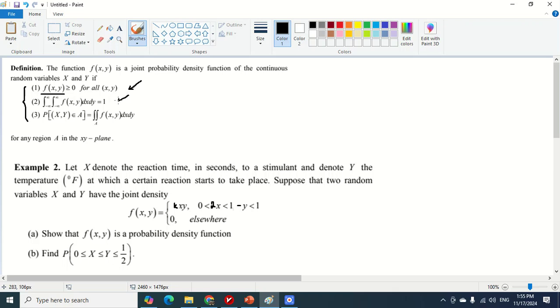The second one determines that the double integral of the function over the given region, from minus infinity to plus infinity over all the region that we have, should be equal to 1. And the third one determines the property of that function which connects the meaning of the function to probability: the probability of x and y belonging to a region is the same as the double integral of the function over that region.